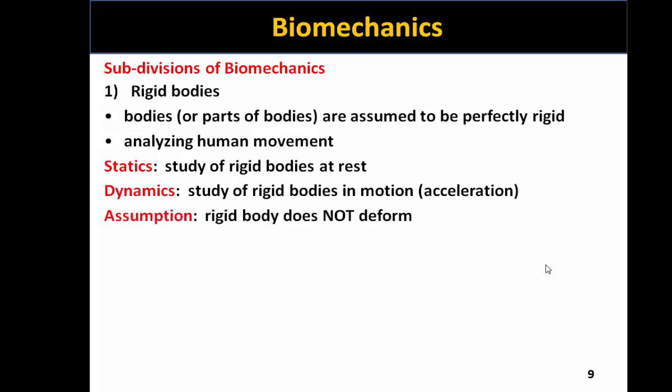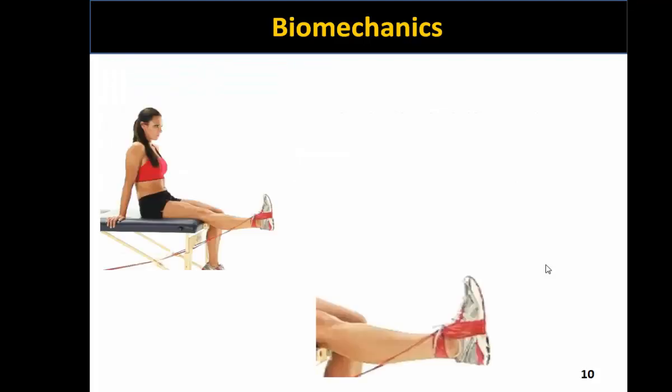Once again, the overriding assumption when analyzing human movement is that the part of the body that is moving does not deform. Now in this example, we're going to focus on a person performing a typical exercise that you might find in a rehabilitation clinic.